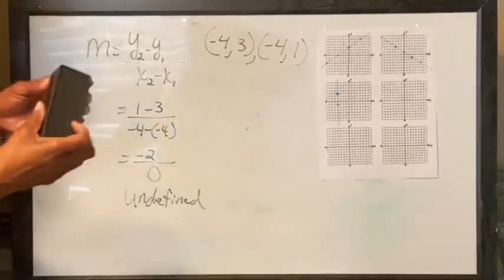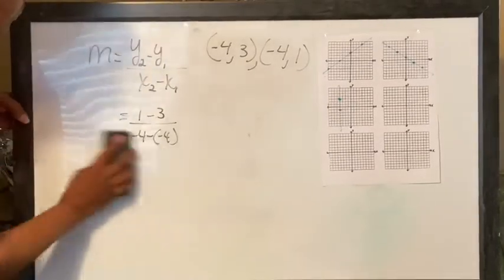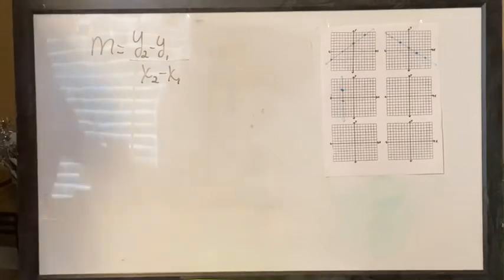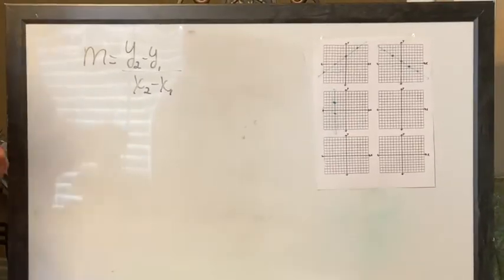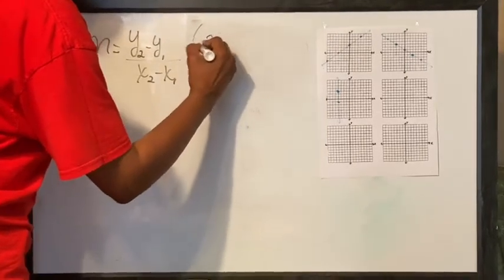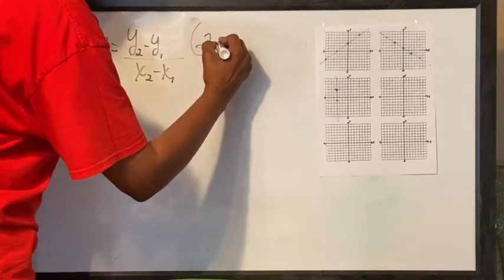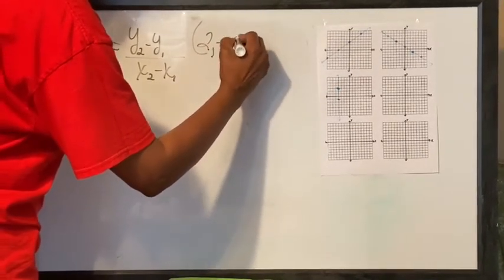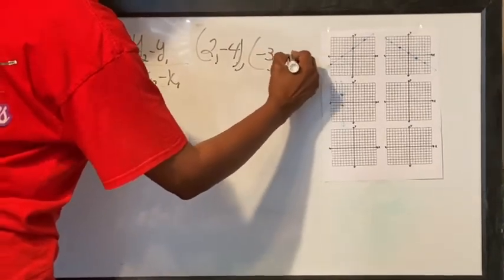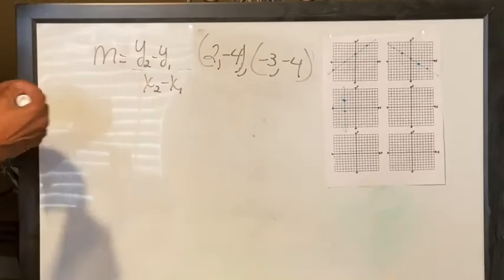Let's look at one more example. Again, I'm going to do two ordered pairs. I'm going to graph. I'm going to use the ordered pairs 2, -4, and the ordered pair -3, -4.